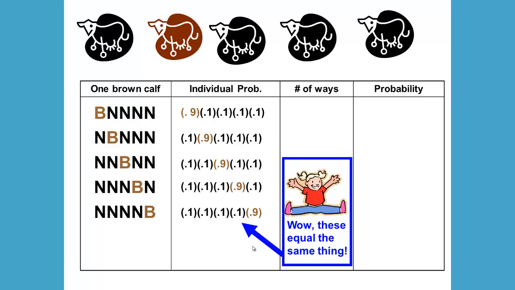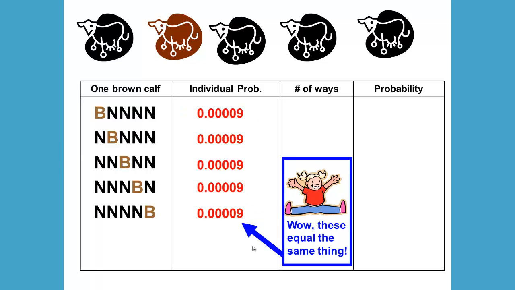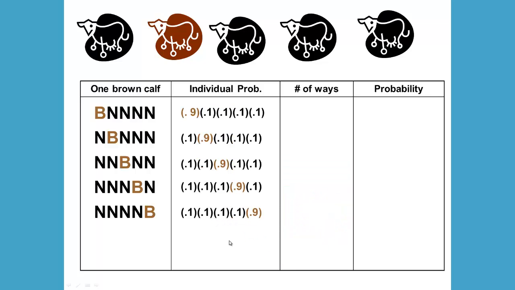The order in which we multiply does not matter, and when we multiply them together, we will get 0.00009. I think I said that right. It should be 0.00009. So I'll go back to how it was written before.